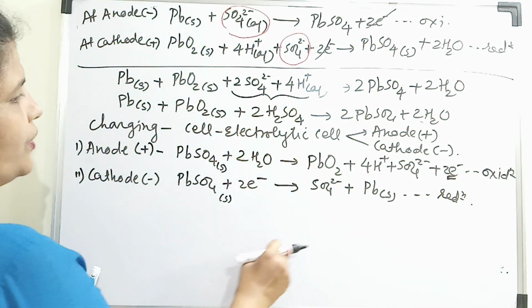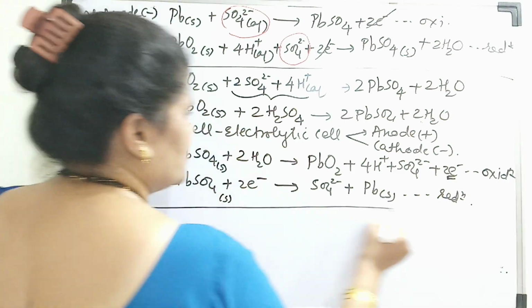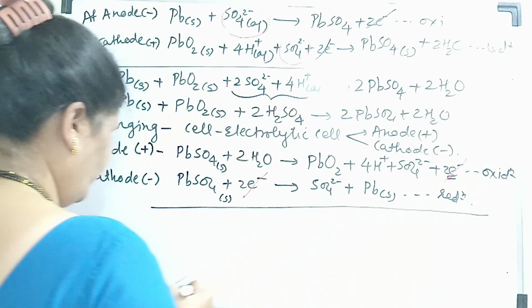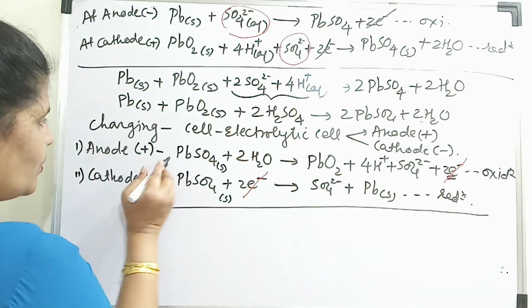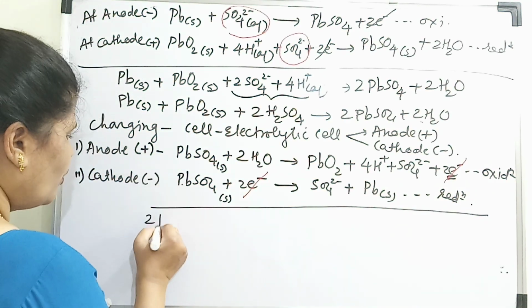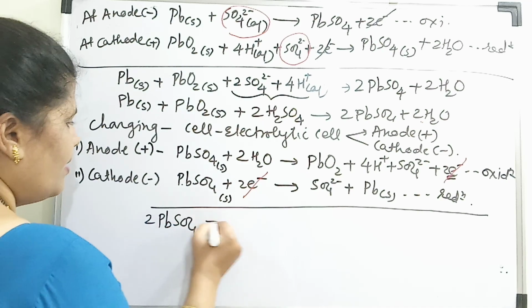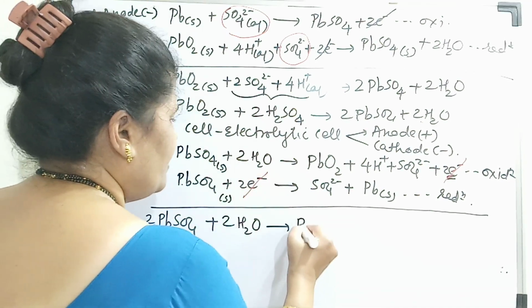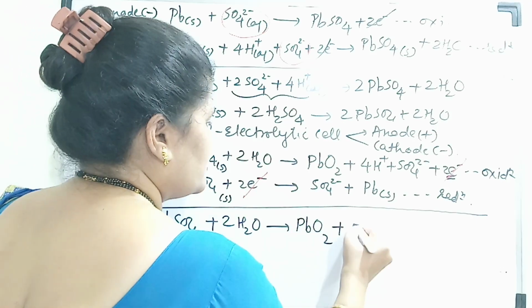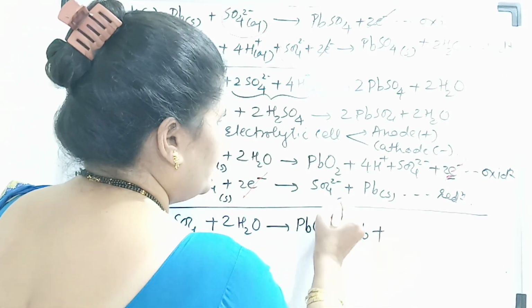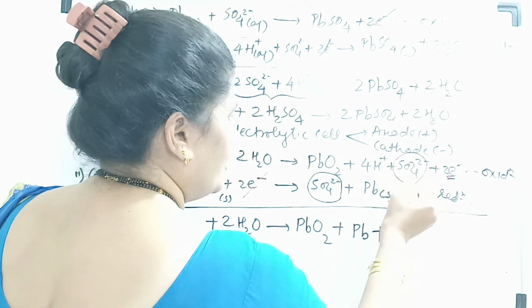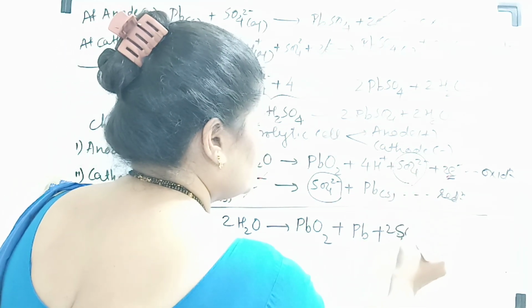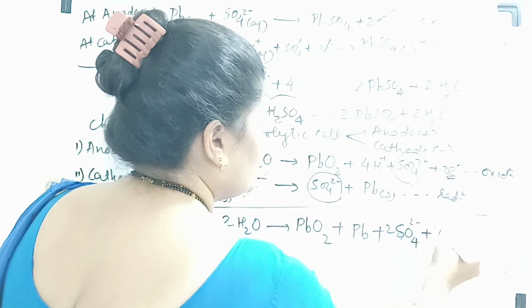So, let us see what you get after adding the equations. What will get cancelled here is the electrons only. Now, let us see what you get. You get 2 moles of PbSO4 plus 2 moles of water gives PbO2 plus Pb plus 2 moles of SO4 2- plus 4H+.